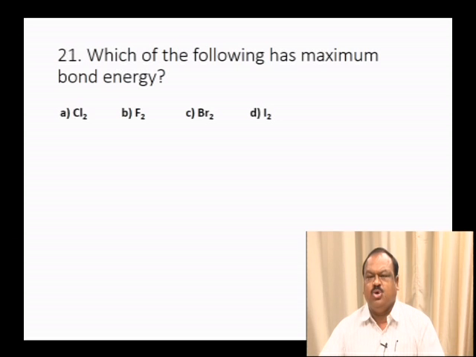As per the halogen family, fluorine is a highly electronegative element, hence it needs high bond energy. This bond energy decreases down the group. So fluorine has the highest bond energy among the options. So suitable answer is B.